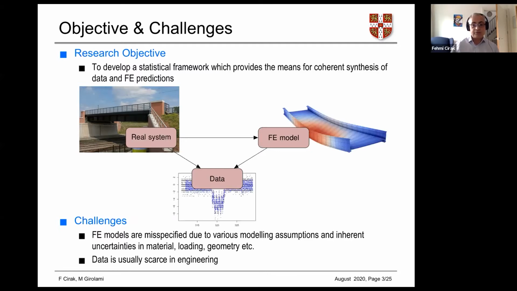And then we have data. Obviously, we don't know the real system or its behavior. So what we have is a finite element model and data, and we would like to synthesize the data and the finite element model in order to infer the real system behavior.